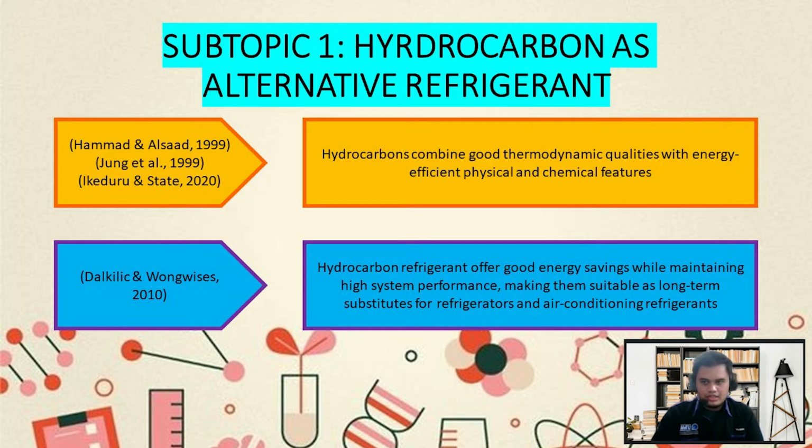Lastly, from Dakilik and Wong Weiss 2010, the researchers state that hydrocarbon refrigerants offer good energy saving while maintaining high system performance, making them suitable as long-term substitutes for refrigerator and air conditioning refrigerants. That's all for me. My friend will continue with the next subtopic. Thank you.